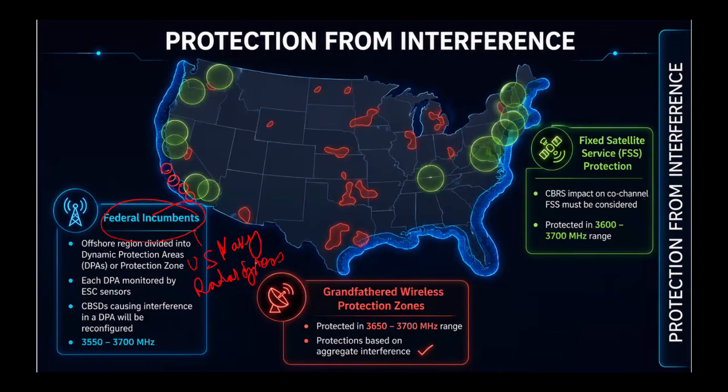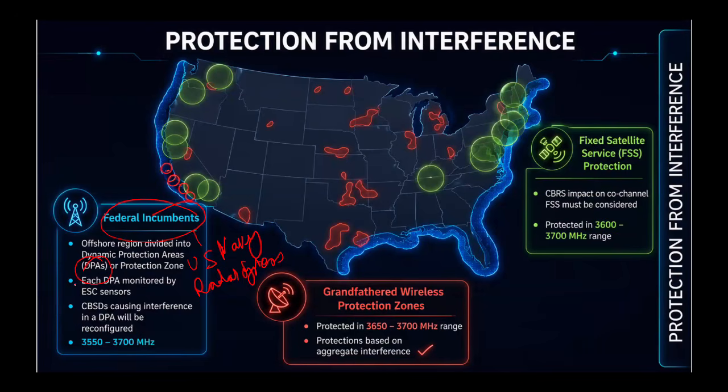Certain areas are managed by dynamic protection areas, or DPAs, and the SAS protects incumbent operations from harmful interference. So they are given the highest priority. If incumbent activity requires protection, the SAS can reconfigure affected CBSDs, which may include moving them to other available frequencies or requiring them to stop transmitting on the affected spectrum.